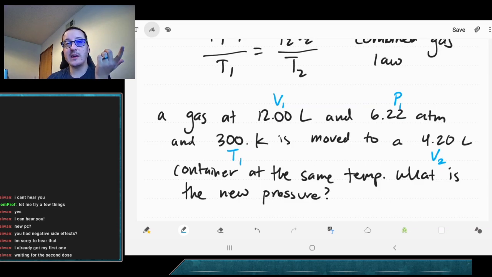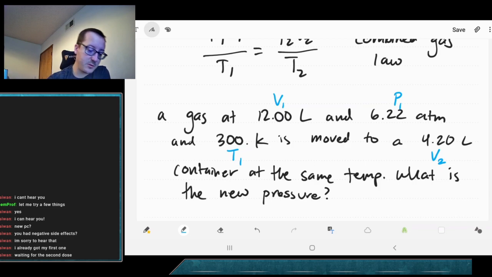And so this equation that we've written here has 6 variables. So we would need 5 of those to solve it, right? However, I see here that we only have 4 quantities given to us in this problem. But what we have is a secret hidden other quantity in here.